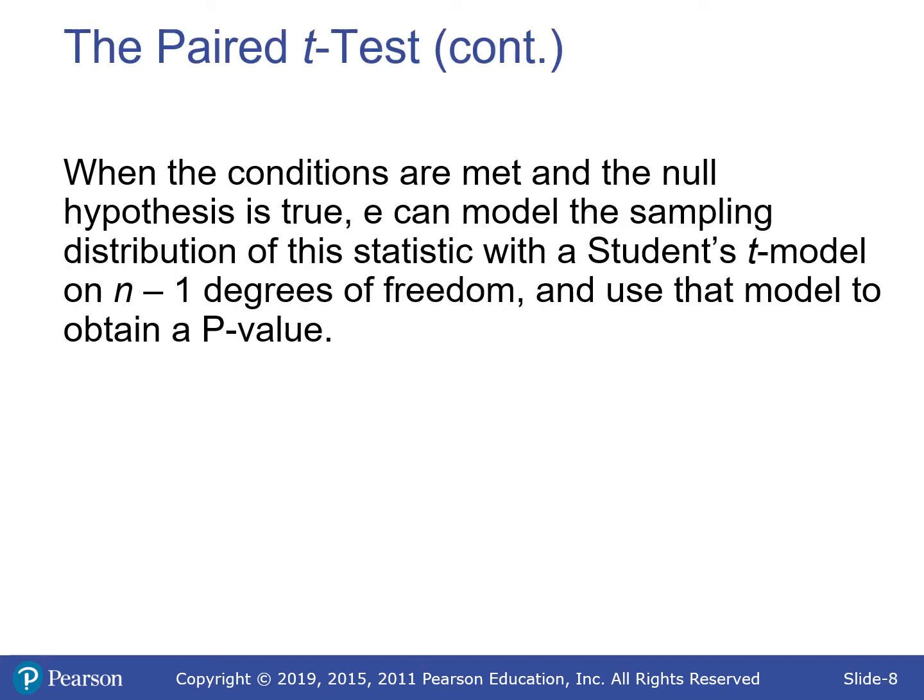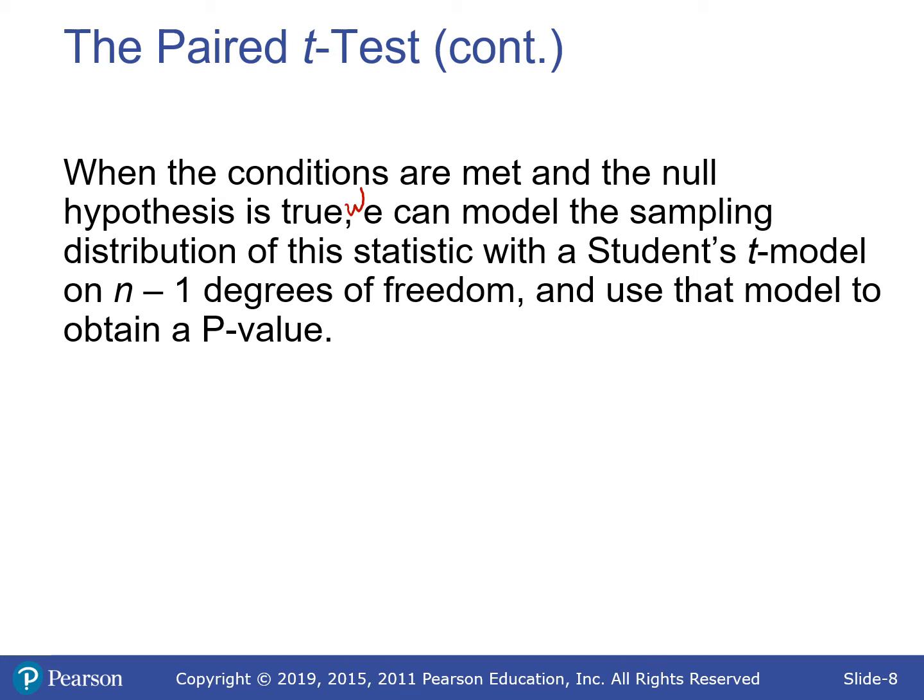When the conditions are met and the null hypothesis is true, we can model the sampling distribution of this statistic with the Student's t-model and get the p-value. Again, when you do the test, you're going to do it in your calculator. Don't do these tests by hand. There's no reason for that.